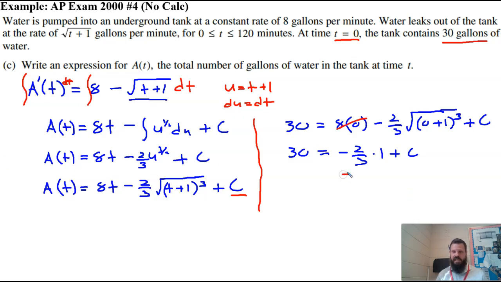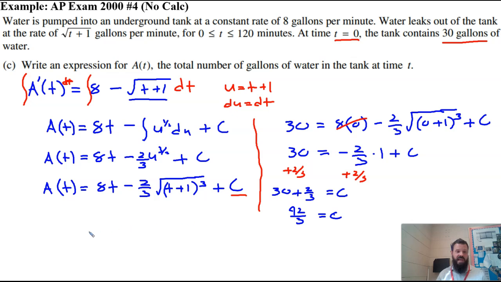So in other words, adding 2/3 to both sides, we end up with c is equal to, we could leave it as 30 plus 2/3. That'd be fine. Again, we don't have to simplify that arithmetic. If that's driving you nuts, though, we can simplify it. What would we have here? We'd have 90/3, so that'd be 92/3 for my final value of c.